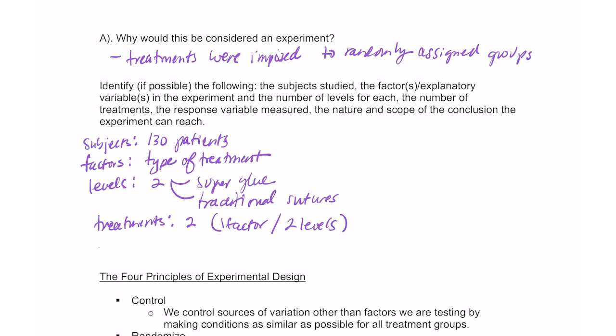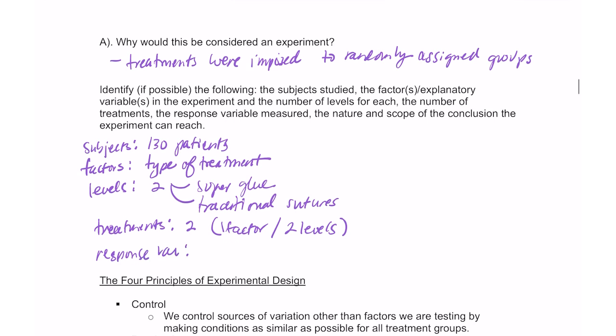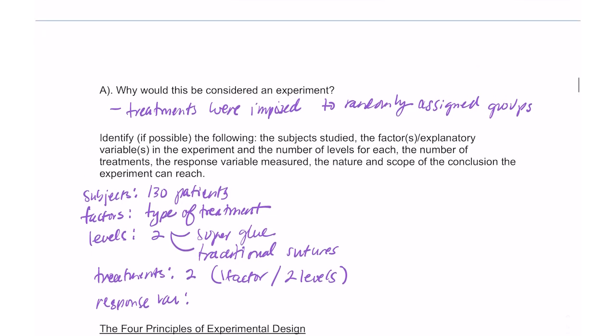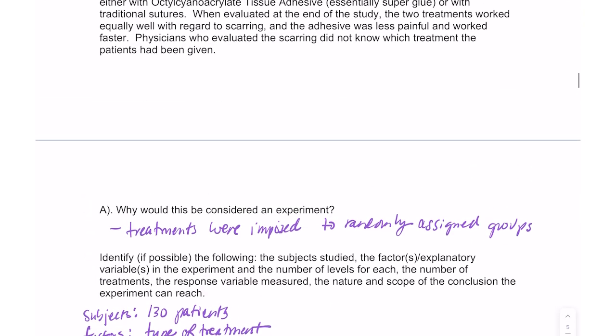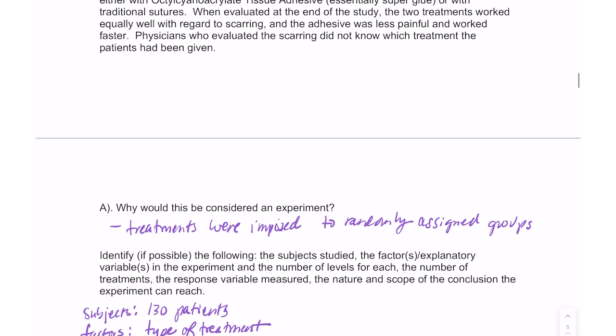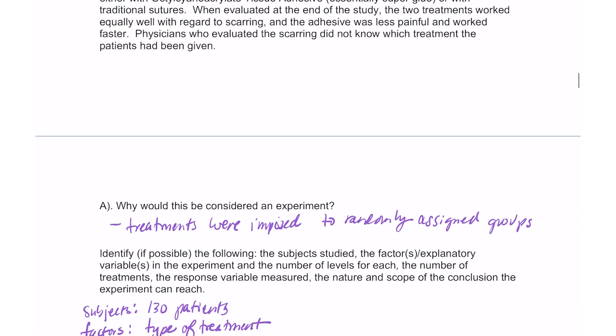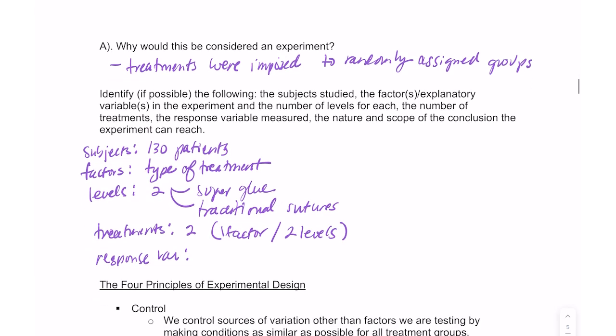And then the response variable, what are we measuring here? So the 2 treatments, as we go back and look, it says that when evaluated at the end of the study, the 2 treatments worked equally well with regard to scarring. The adhesive was less painful and worked faster. So that is our response variable.